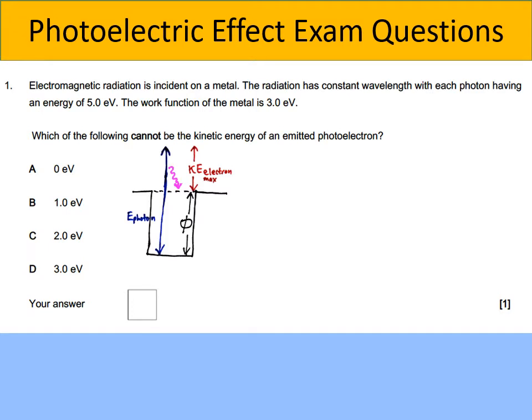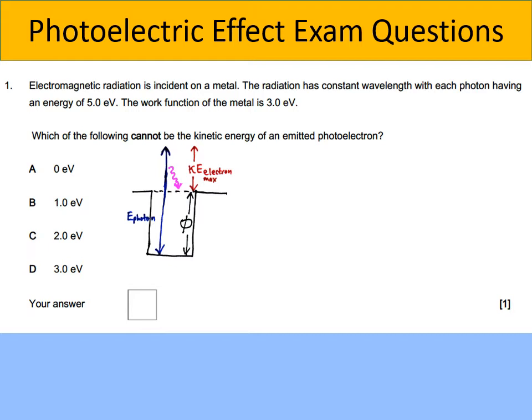Okay, so we can picture our photoelectrons trapped in an energy well. A single electron requires a minimum energy given by the work function, shown as phi, to escape the surface of the metal. By the conservation of energy, there will be a range of kinetic energies up to a maximum value, which is given here as KE electron max.